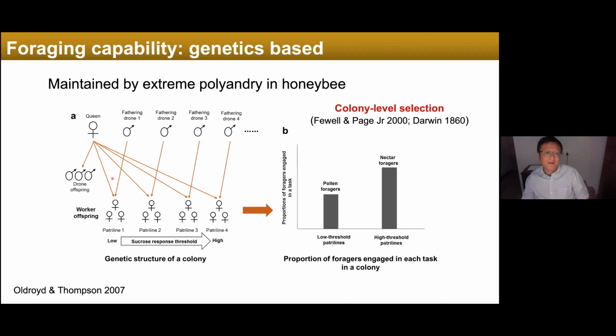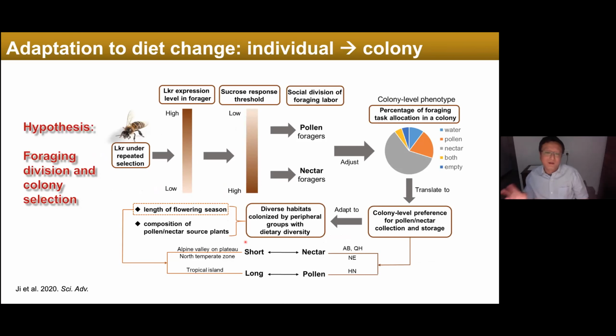That system creates the possibility that there could be a high level of variation for a particular gene within the same colony. If that were the case, that might serve as the basis for natural selection to work, right? So there's a whole hypothesis built based on our findings from this work.